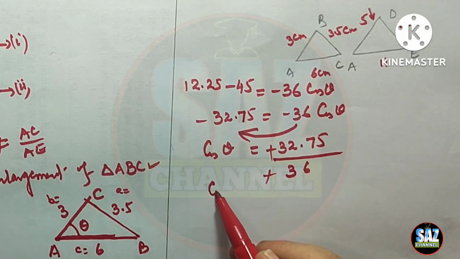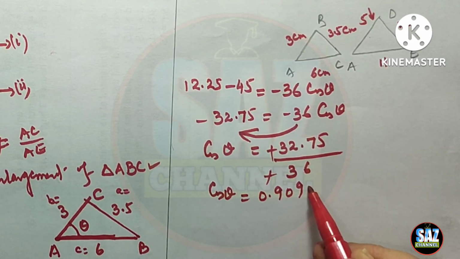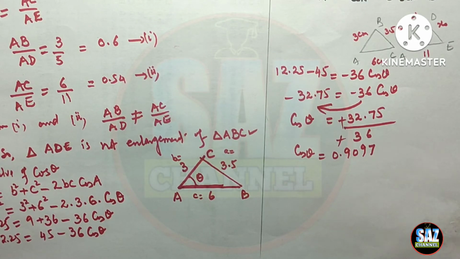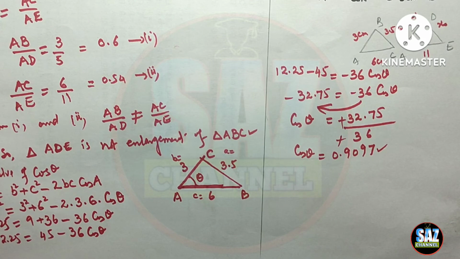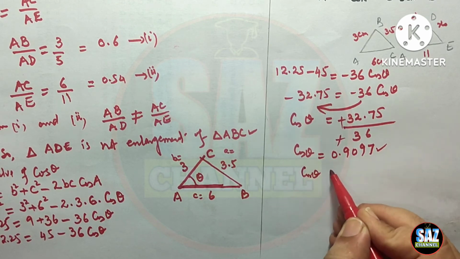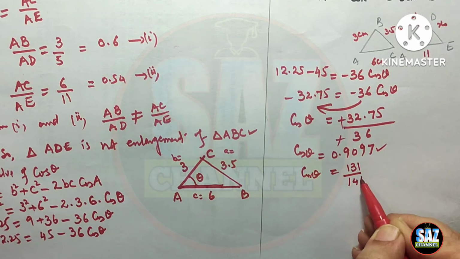Cos theta is equal to 0.9097. Now either I can leave my working in this way, or I can use the calculator's S-D key or F-D key, whatever is available on your calculator. So cos theta equals 131 by 144.